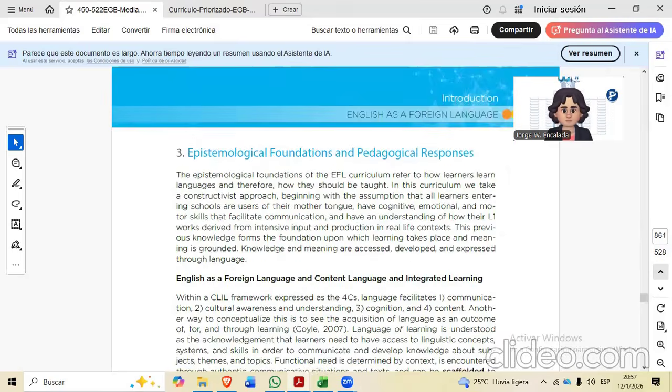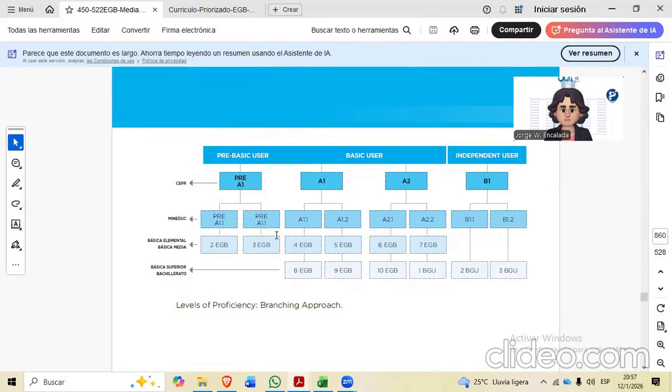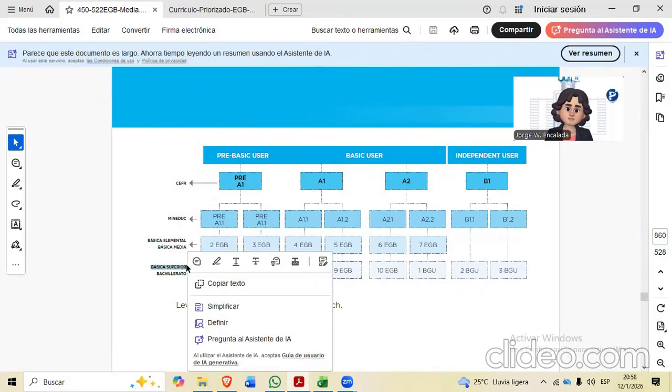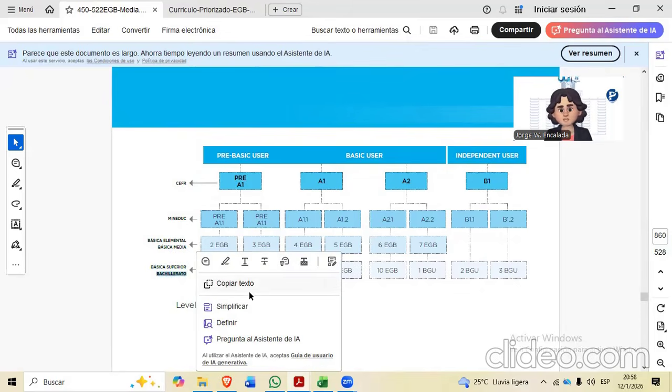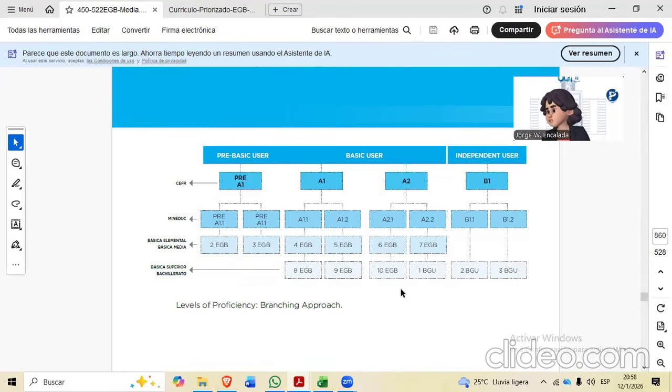Those are the numbers that you have to remember. So elemental will be number 2, básica media will be number 3, básica superior will be number 4, and bachillerato will be number 5, okay? Now, keep that in mind, take some notes about it.